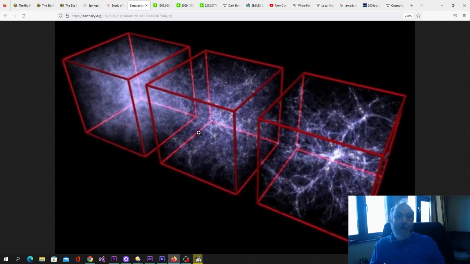So all the galaxies are made out of matter that has gravitational attraction to each other, versus dark energy, which is responsible for the expansion of the universe, is pushing everything away as it is attracted to itself.